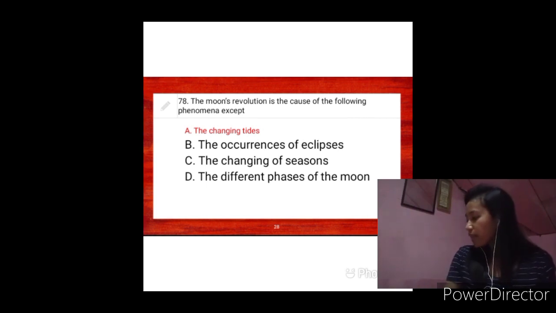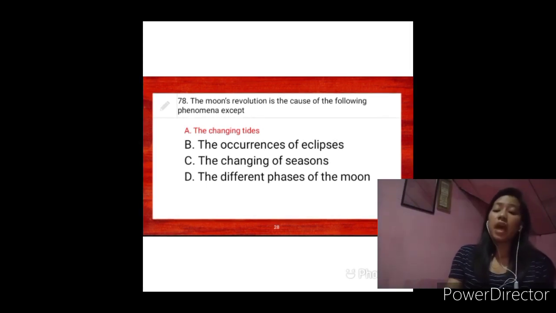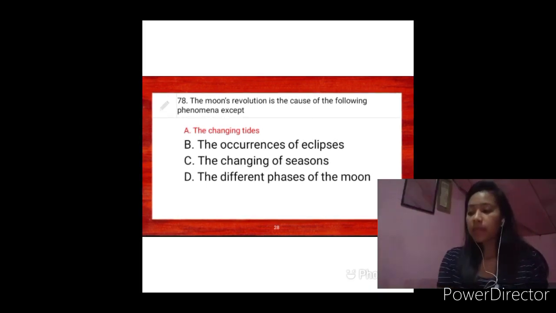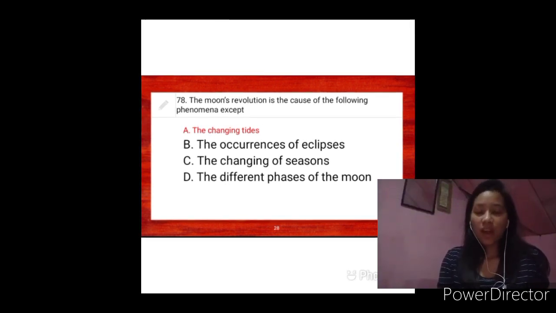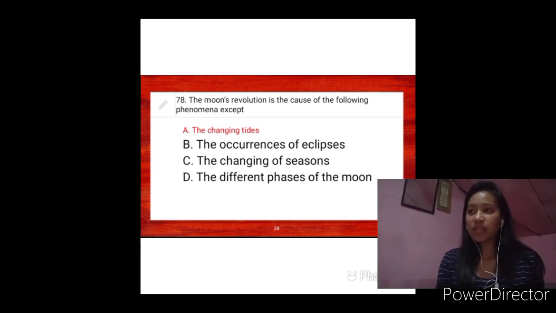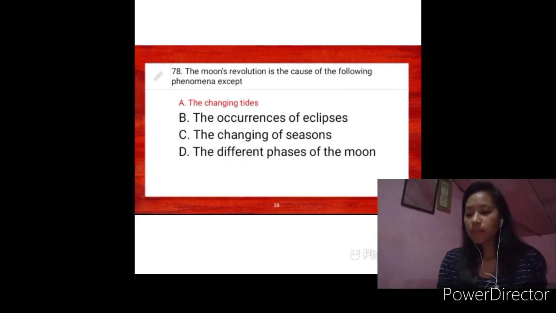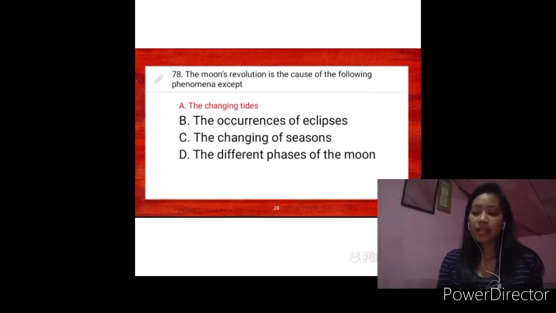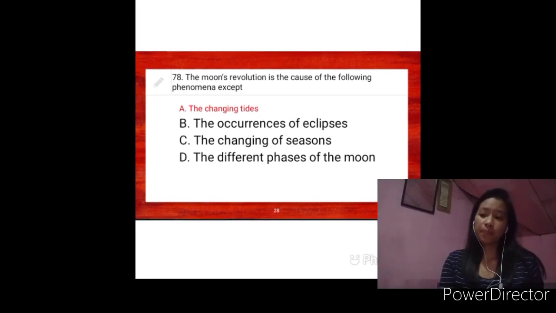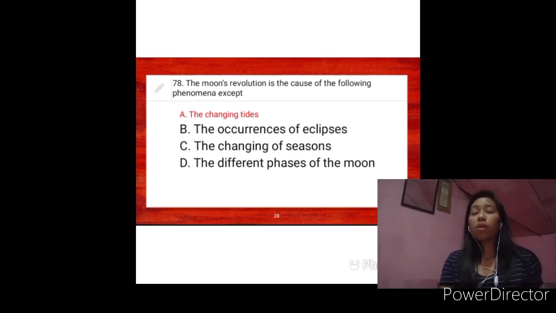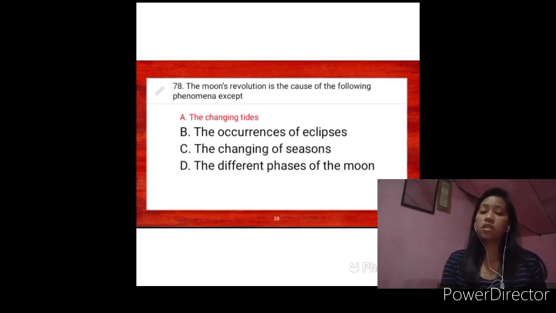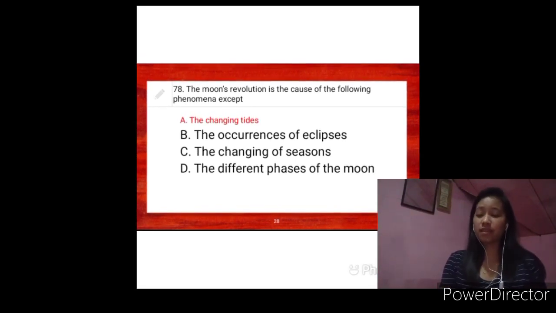So the right answer there is the changing of tides, because the changing of tides is the result when the moon is revolving, which has a major influence on the Earth's tide, but the Sun also generates considerable tidal forces.